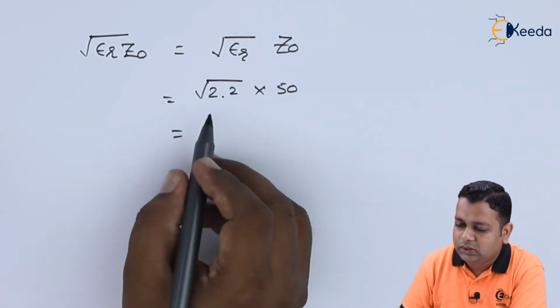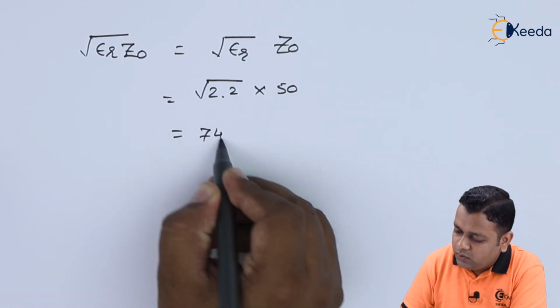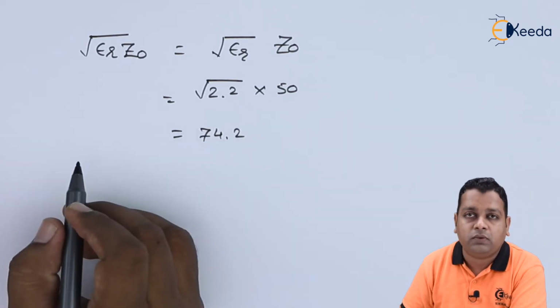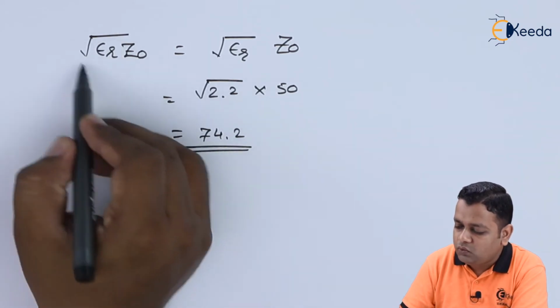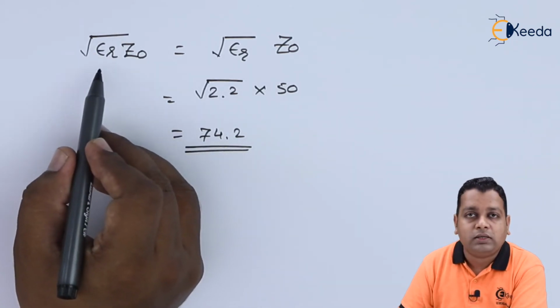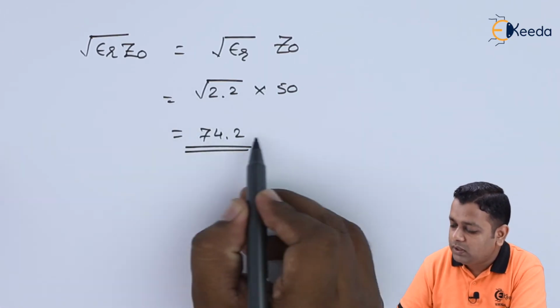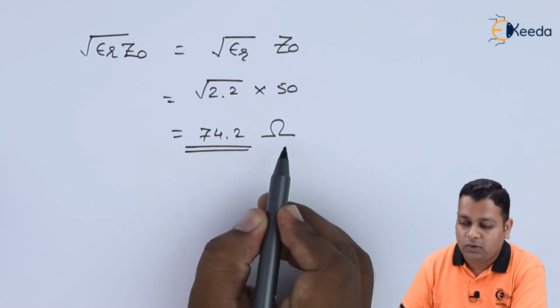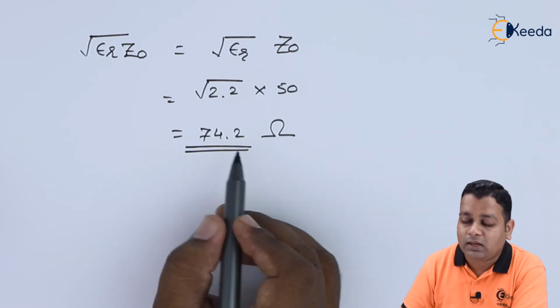This gives us root 2.2 into 50, which is 74.2. Now we have to compare this value, as root epsilon r is a constant and z0 is basically the impedance measured in ohms.